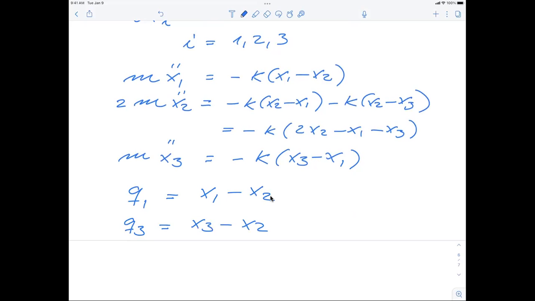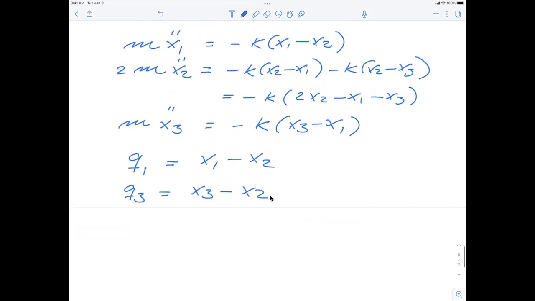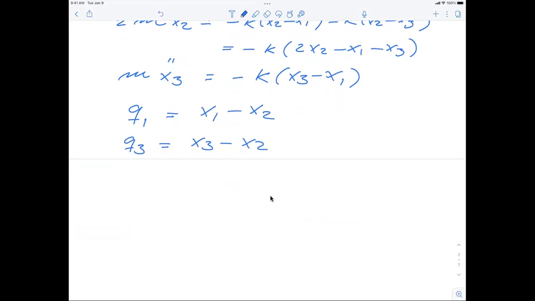One of the things I'm going to do now is remind myself about the center of mass position, which is given by the sum from i equal 1 to 3 of m_i times r_i, divided by the total mass, the sum from i equal 1 to 3 of m_i.